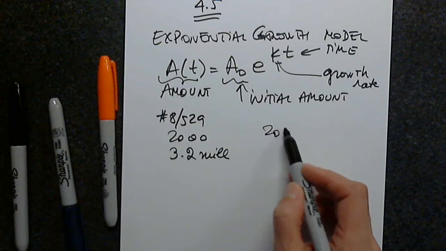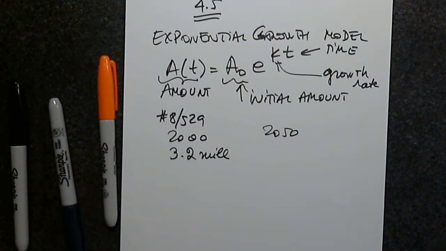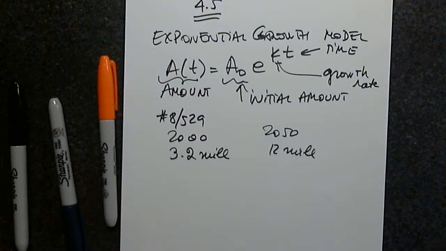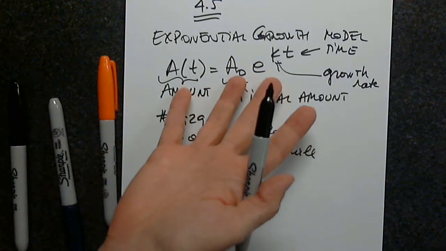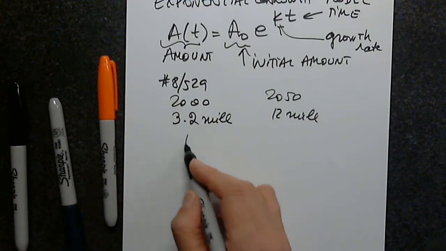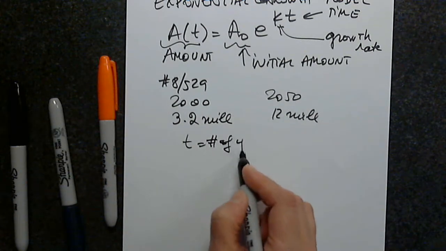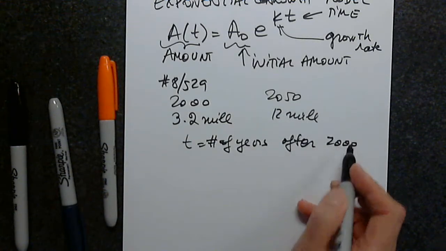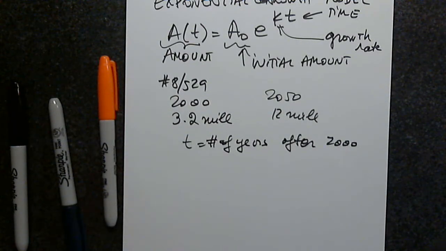By the year 2050, it is projected to grow to 12 million. Use the exponential growth model, in which t is the number of years after 2000, which means 2000 represents t equals 0, to find the exponential growth function that models the data. That's part A. And then we go back and read part B.